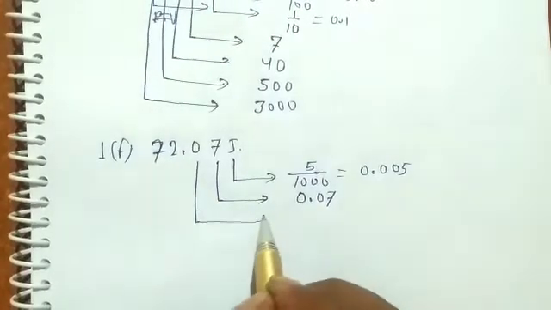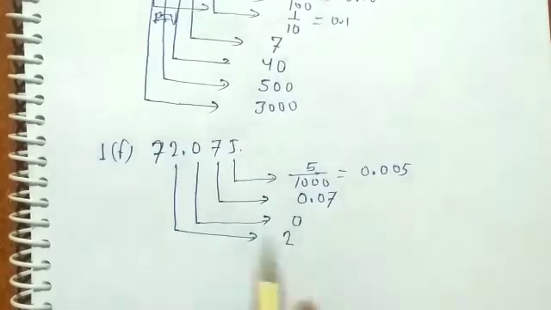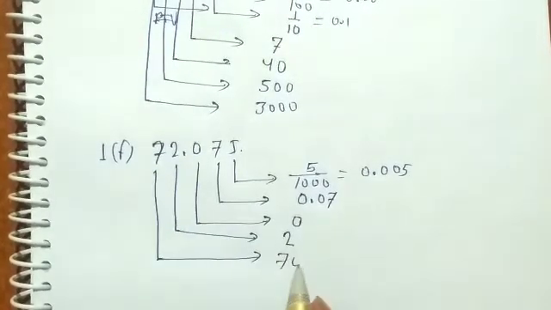Place value of 0 will be 0. Place value of 2 will be 2 ones, 2. 7 is at the tens place, so 7 tens, 70.